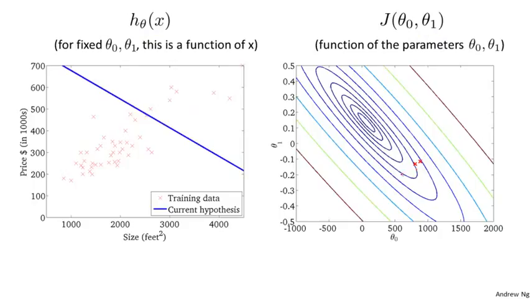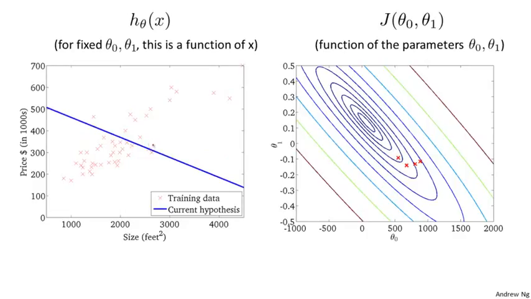And you notice that my line changed a little bit. As I take another step of gradient descent, my line on the left will change, right? And I've also moved to a new point on my cost function. As I take further steps of gradient descent, I'm going down in cost, right? So my parameters are following this trajectory.